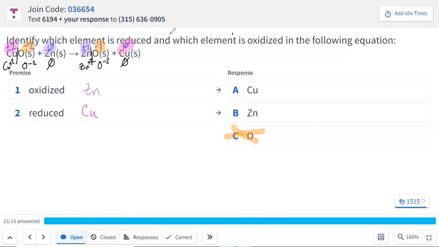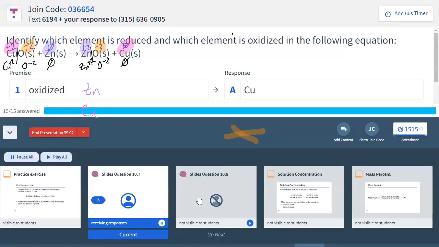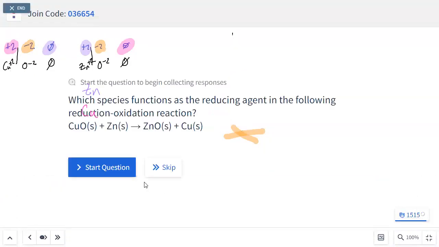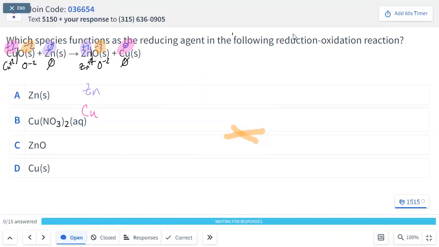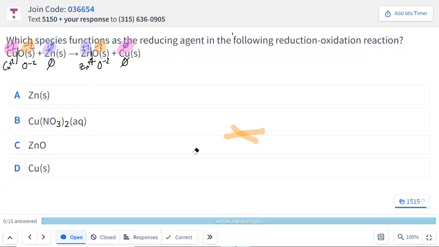All right, on to the second part. We identified the oxidation and reduction processes in the first part. What is the reducing agent here? Ignore this typo here. The second option should be copper(II) oxide solid.